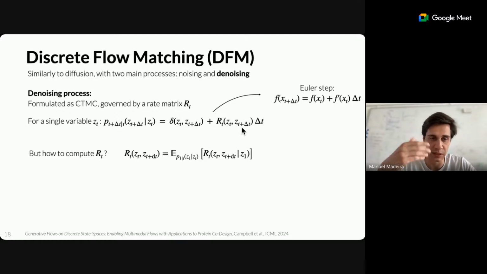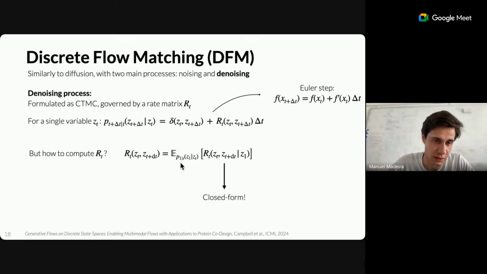Nevertheless, once we have this update rule, it's still unclear how to compute R_t, and this is the main punchline of discrete flow matching. So basically, the idea is that to compute this unconditional rate matrix, it turns out that it is easier to consider the conditional rate matrix on the endpoint. Because if we do that, then we can derive a closed form for this conditional rate matrix.